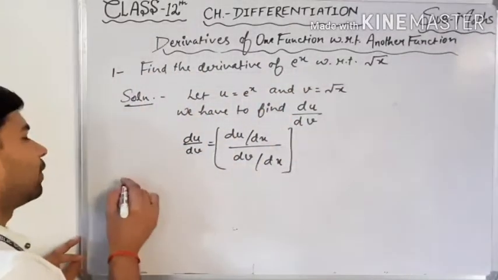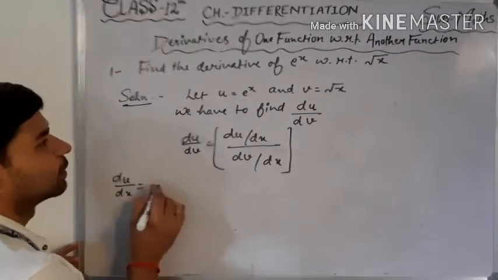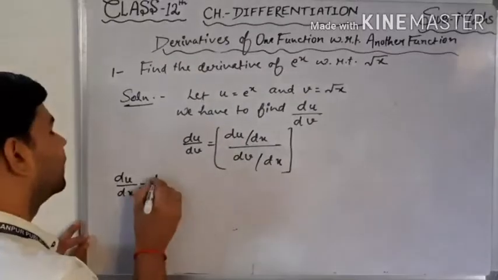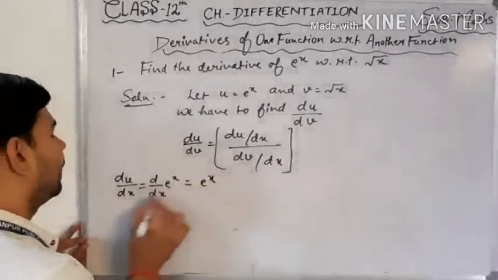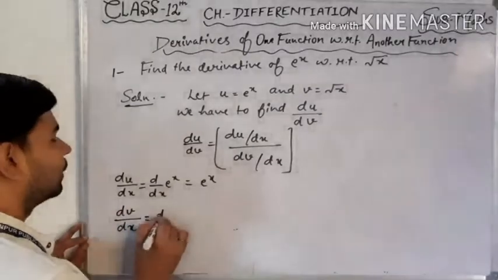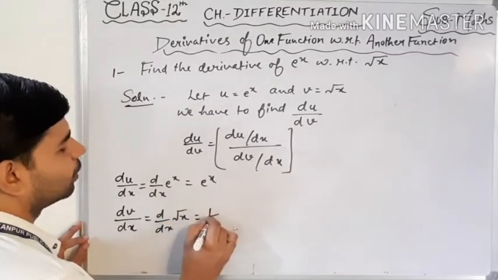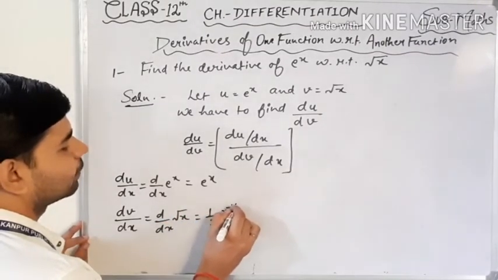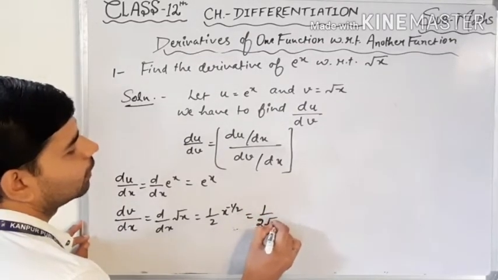So first we will find the derivative of u with respect to x. That is d over dx of e to the power x, which equals e to the power x. Now find the derivative of v with respect to x. That is d over dx of under root x, which equals 1 upon 2 x to the power minus 1 by 2, or 1 upon 2 under root x.